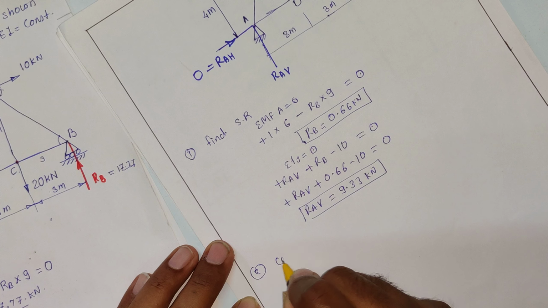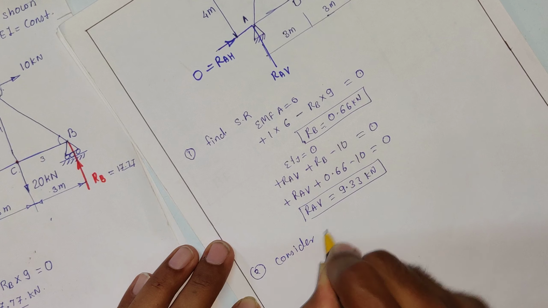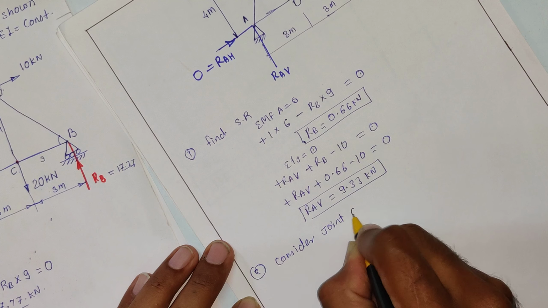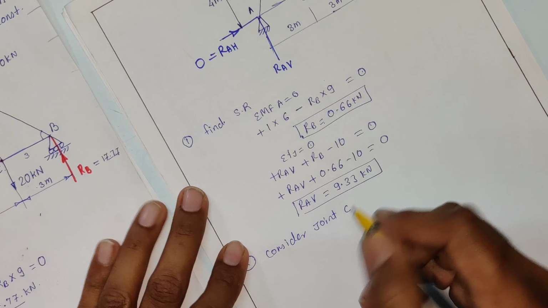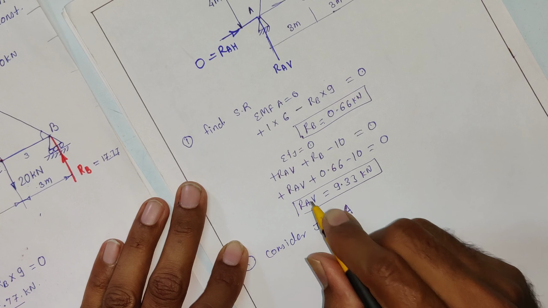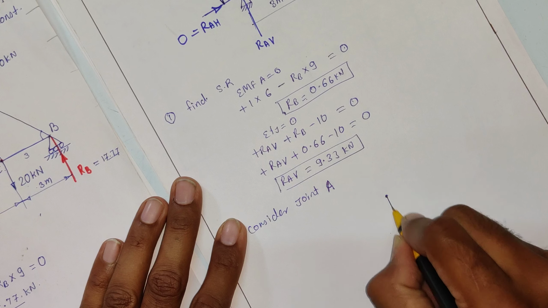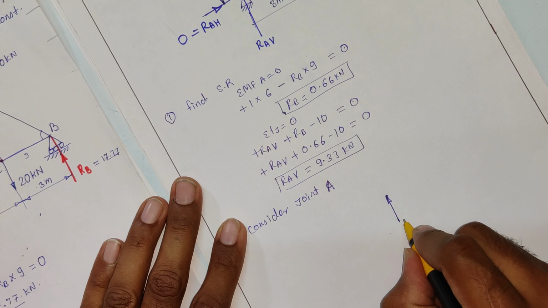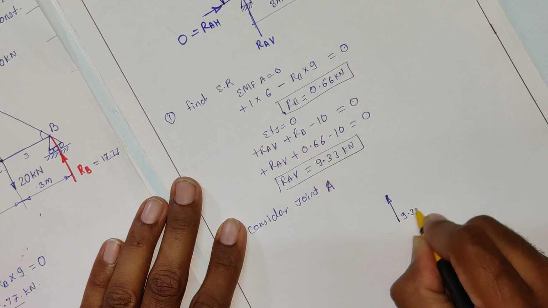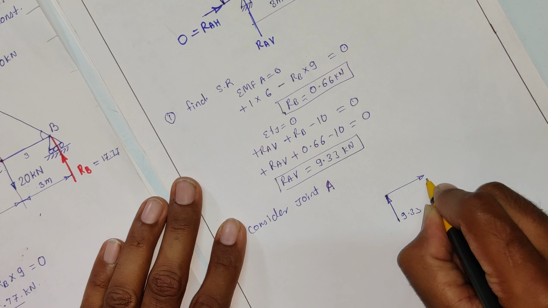So consider joint A. There is only the vertical reaction RAV, that is 9.33. This is FAD.